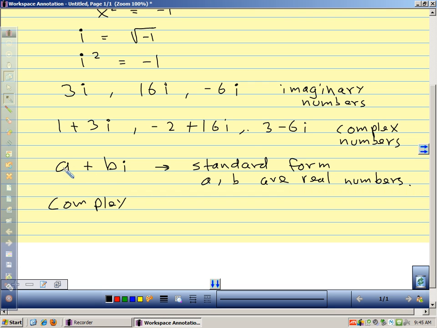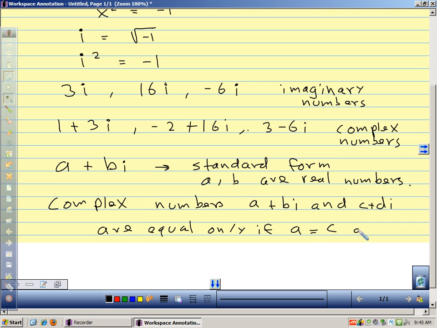We call the first part that's just the real number the real part, and the second part that has the i with it the imaginary part. So complex numbers a plus bi and c plus di are equal only if a equals c and b equals d. All the parts have to be equal for complex numbers to be equal.